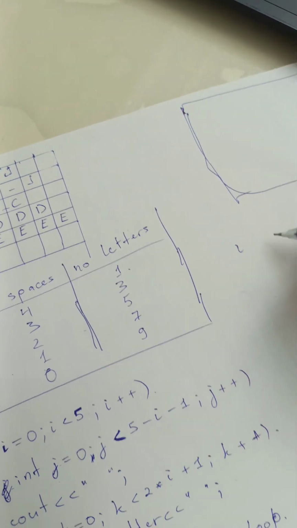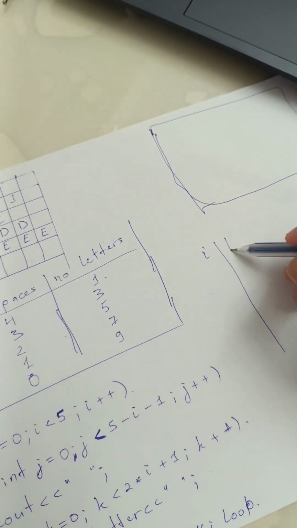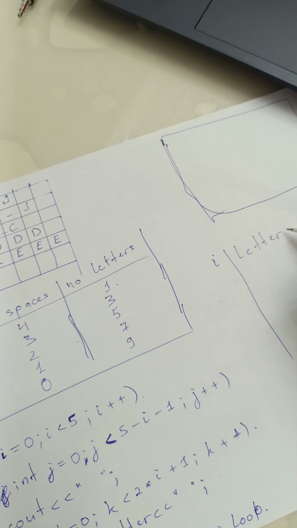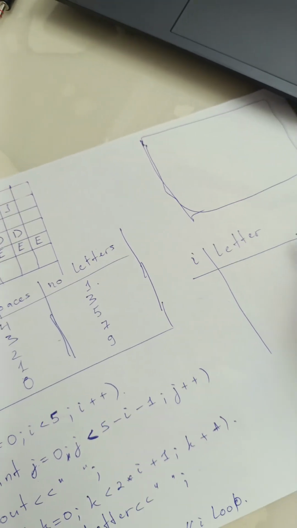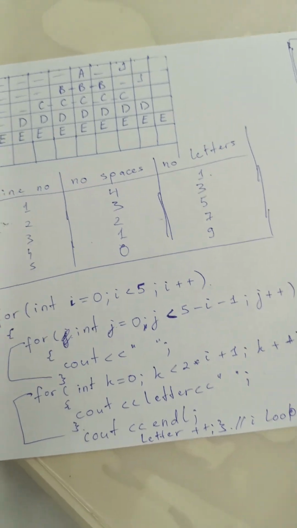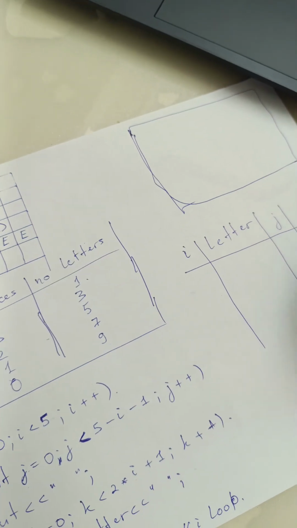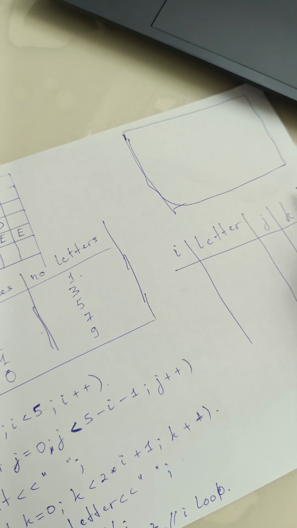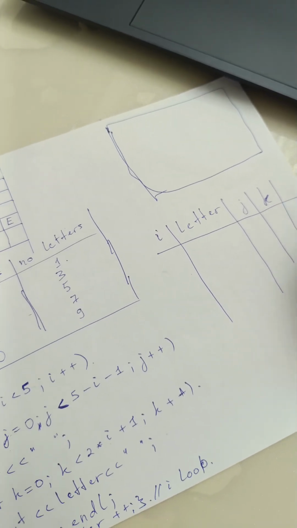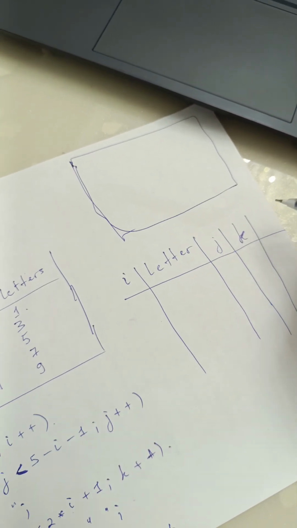I'm going to write the trace table: value of i, value of letter, how many letters I mean, and j is for spaces. And we have k, and this is the value of how many letters there will be.